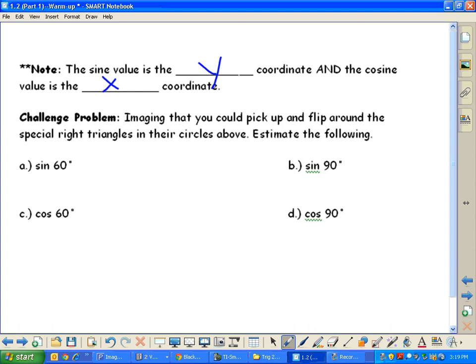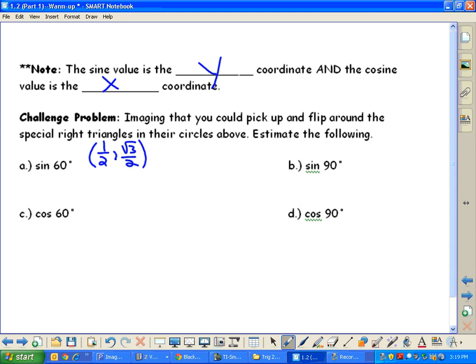Sine of 60 degrees. Let's try it this way. If you take a look at part A, I'm asked to find the sine of 60 degrees. So go ahead, look at your unit circle. 60 degrees is what you're looking for. Do you see it? The coordinate we found at 60 degrees is going to be 1/2, comma, square root of 3 over 2.